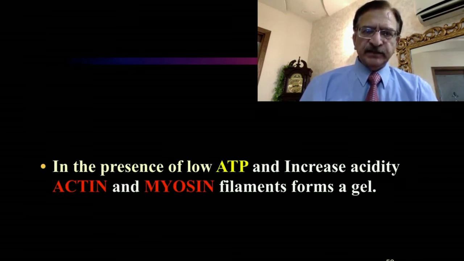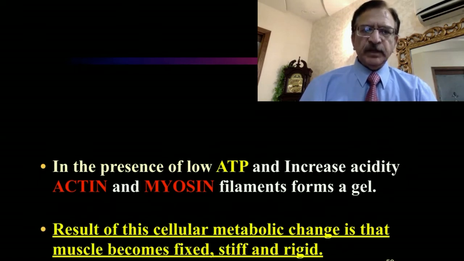In the presence of low ATP and increased acidity, actin and myosin filaments form a gel. And the result of this cellular metabolic change is that the muscle becomes fixed, stiff, and rigid.